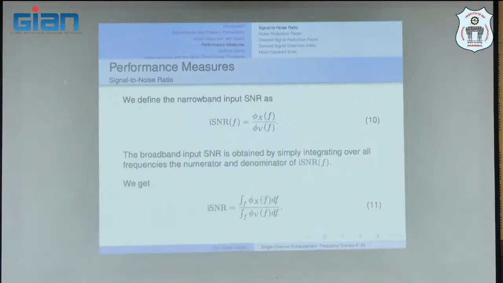It means that we compute this performance measure across all the frequencies. Okay? So the narrowband input SNR is a function of f because we compute it for each frequency separately. And then we have the variance of x, divided by the variance of the noise for each frequency.